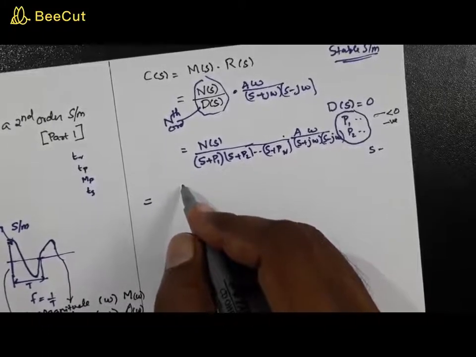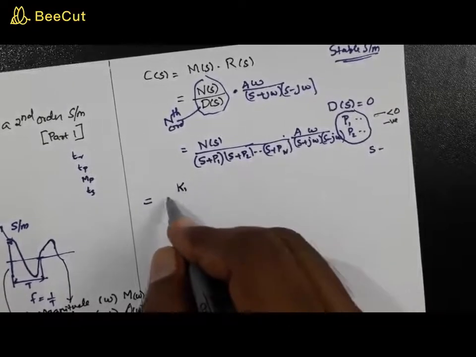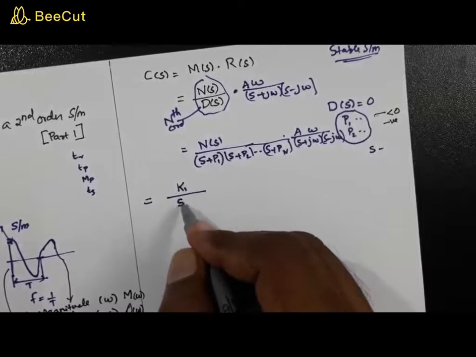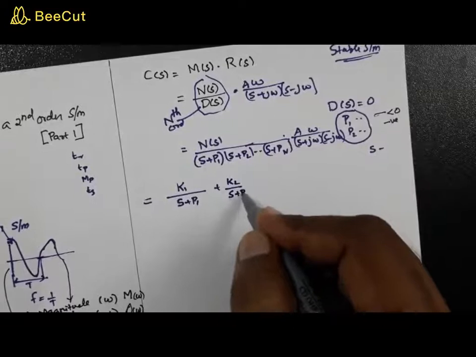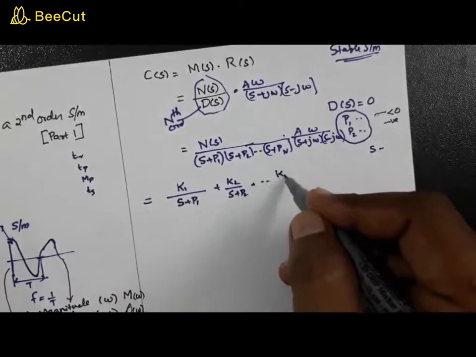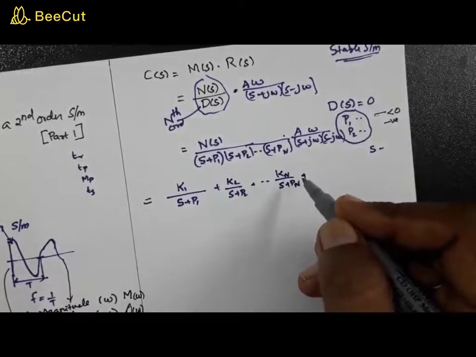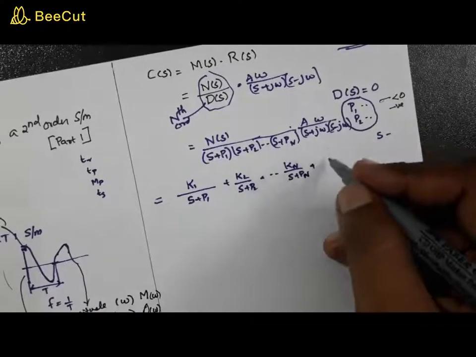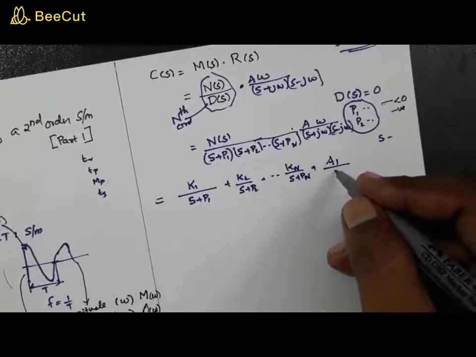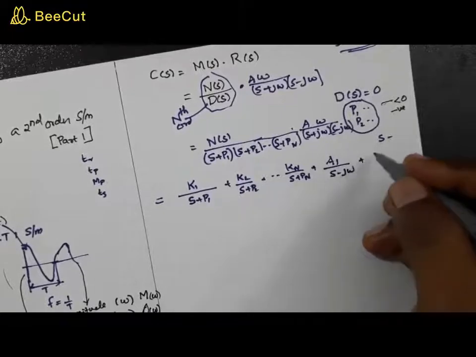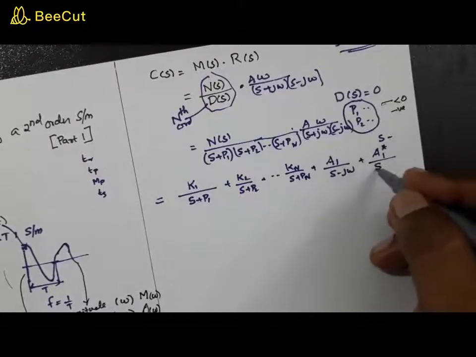Resolving this into partial fractions, you will get k1 by s plus p1, plus k2 by s plus p2, plus etc., up to kn by s plus pn, then plus, I'm calling this coefficient a1, divided by s minus j omega, plus a1 star by s plus j omega.